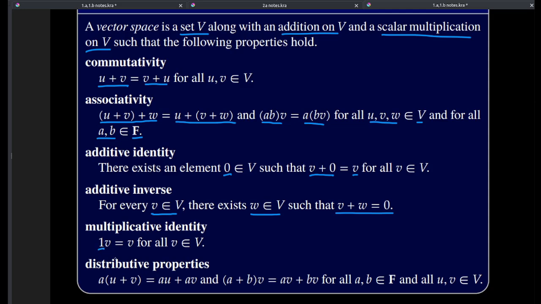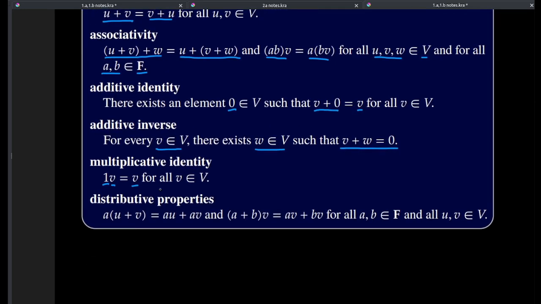That is, if you take the multiplicative identity of the field and you scale a vector by it, then you get back that vector. Finally, distribution. So scaling plays well with the addition of the vector space. If you scale a sum, that is the same as summing the scales.